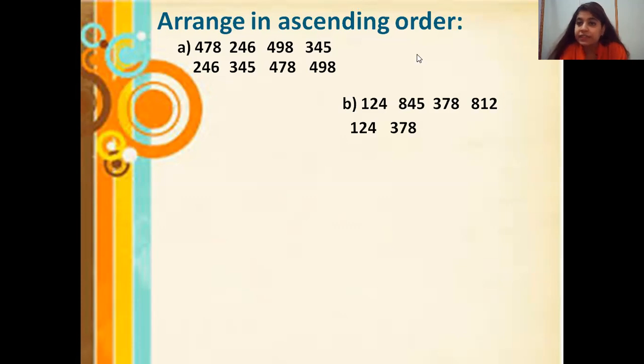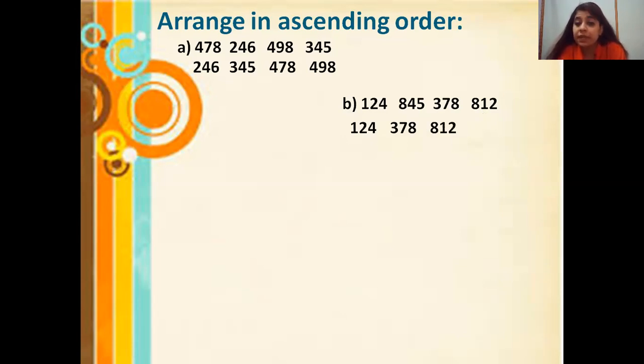When we look at the tens place, we see that in 845, 4 is there at the tens place, and in 812, 1 is there at the tens place. So which number is smaller? Is it 845 or 812? Yes, it is 812.